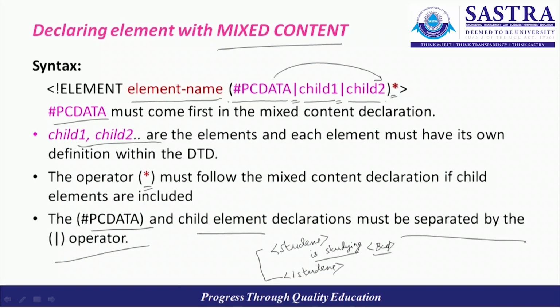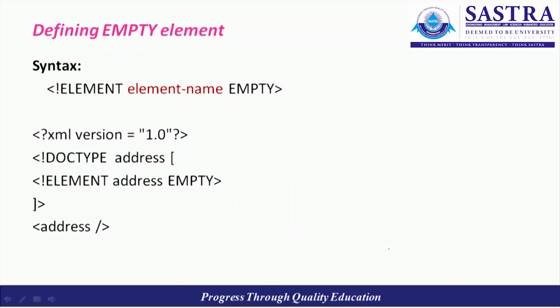Let us see how to define an element to carry empty content. There is no content for the element. This is the syntax: exclamation, ELEMENT, element name, space, EMPTY. EMPTY is a keyword used for defining an element to carry nothing. So DOCTYPE address. What is that? Address is a root tag, and it also doesn't carry any text or child.